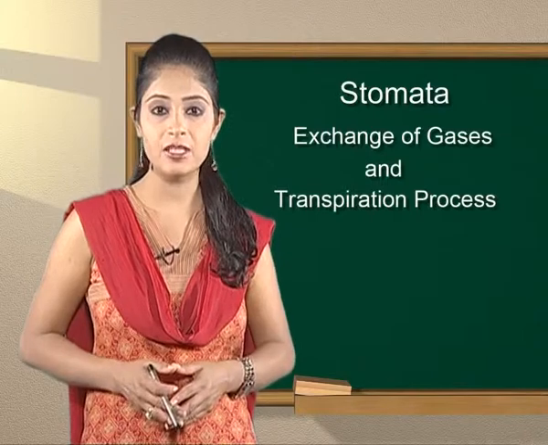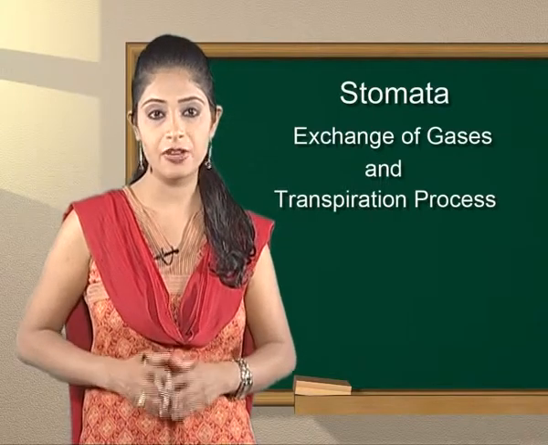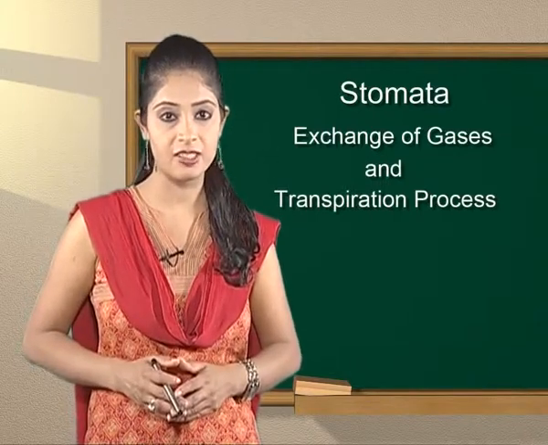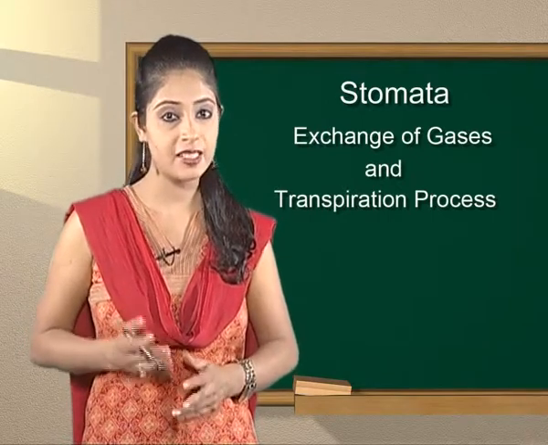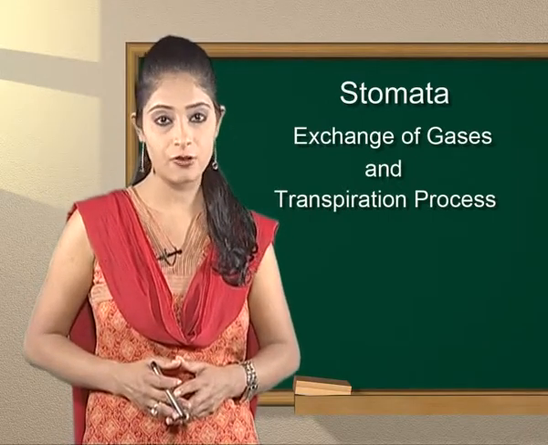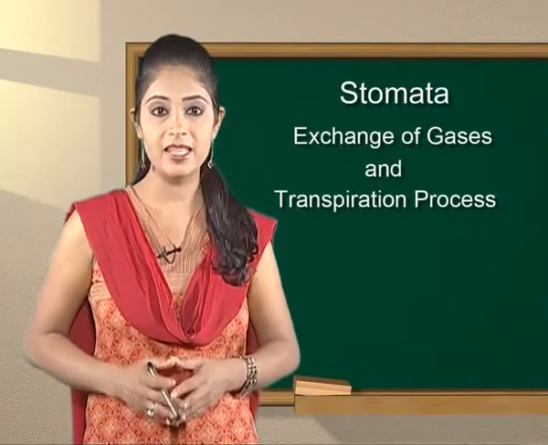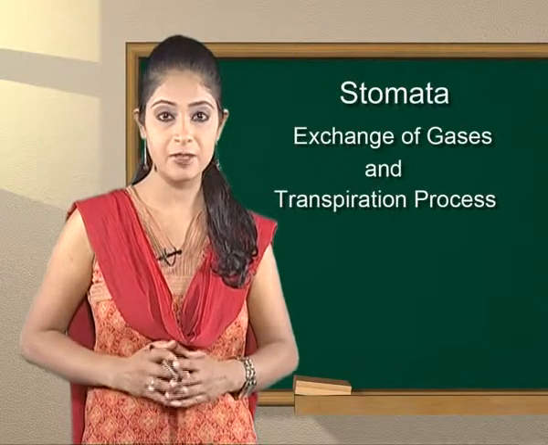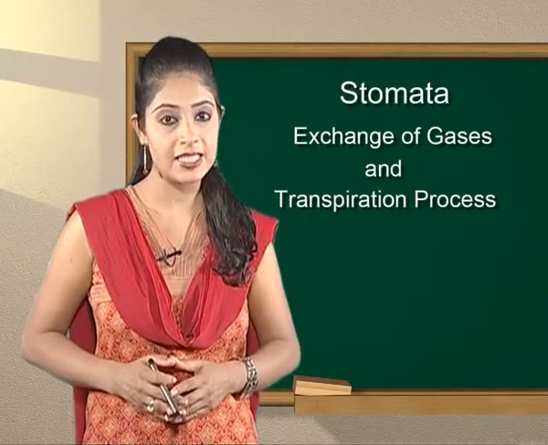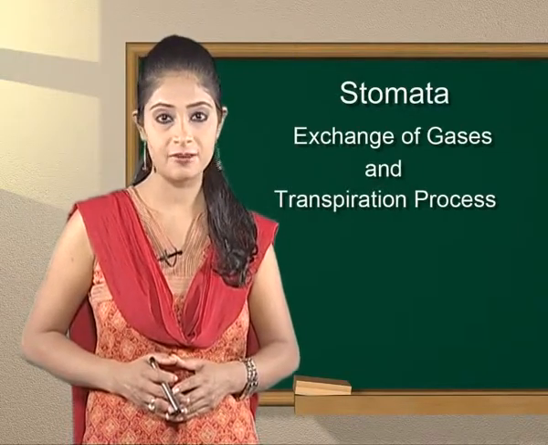Apart from the number of stomata being the reason for rapid transpiration, there can be some disadvantages of presence of stomata on the upper surface. These stomata may make the plant susceptible to entry of disease-causing microbes.